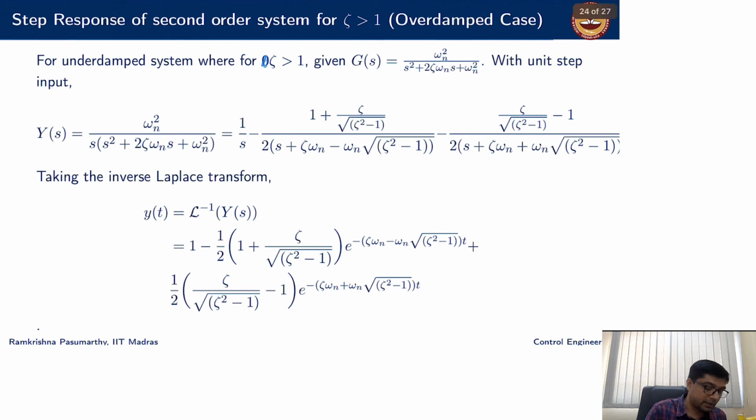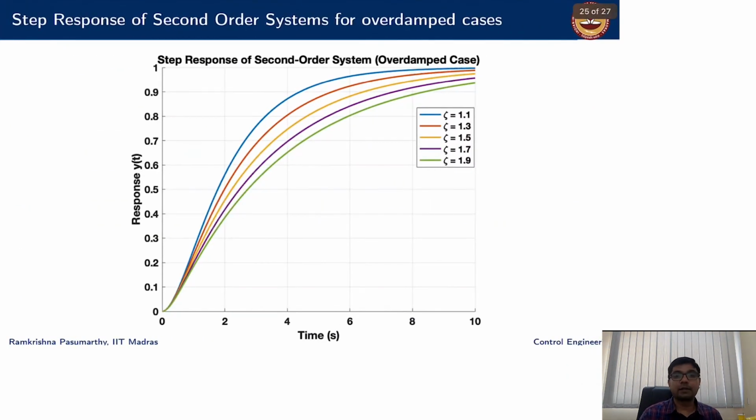We will see some similar responses, where the systems become slower and slower to respond. And what happens when zeta goes to infinity, in the limiting case? The system will never move. That's just a theoretical concept, but as the friction becomes larger and larger, you see that the system is difficult to operate.